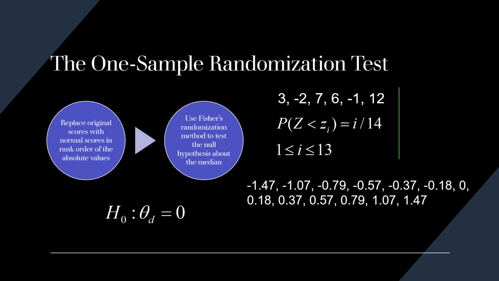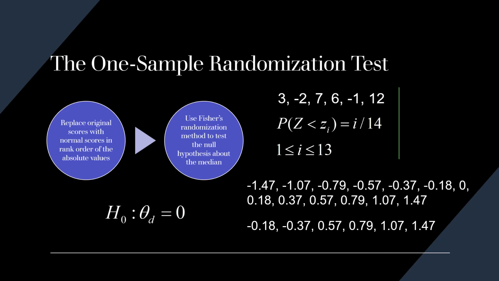We have a total of 13 scores, but notice that 6 of them are positive. And those 6 positive normal scores are what I'm now going to use in order to obtain the replacement scores for conducting Fisher's randomization test. Here are the scores I end up with.